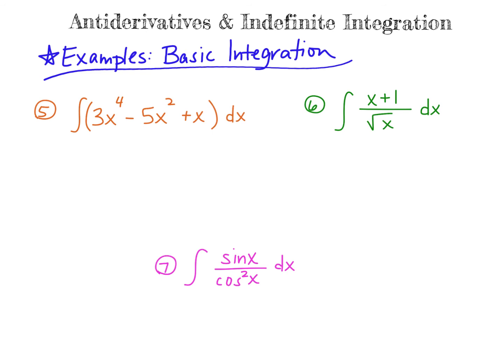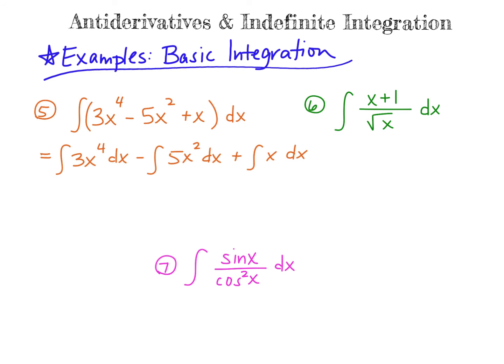In number 5, we're taking the integral of a polynomial function, a trinomial specifically, and if you'd like, you can actually rewrite this as the integral of each term to think of it separately.